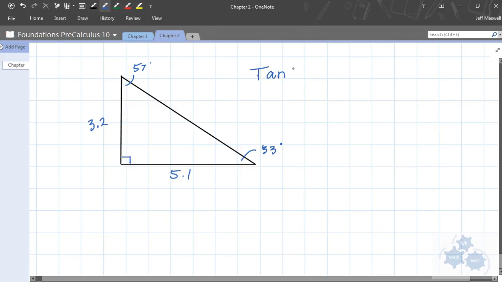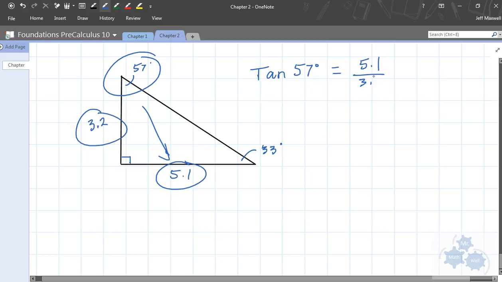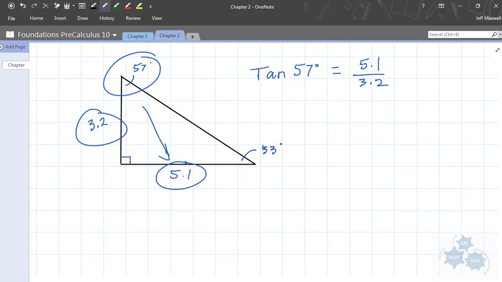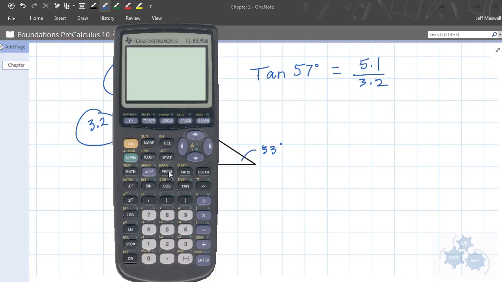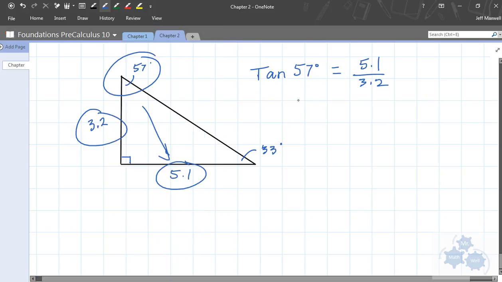So for example, tan of 57 degrees, according to this diagram, should equal what? 5.1, that's the opposite side, divided by 3.2. So you get on your calculator and you test this out. What is tan of 57? Well, tan 57 is 1.5399.